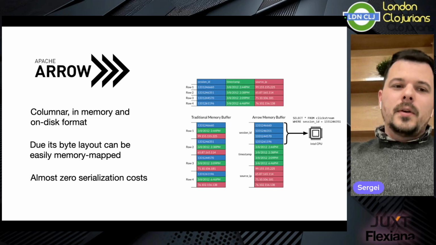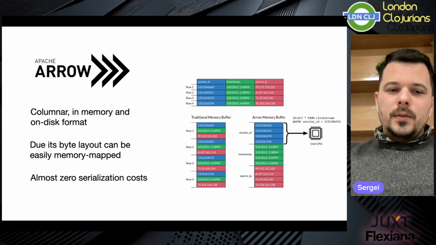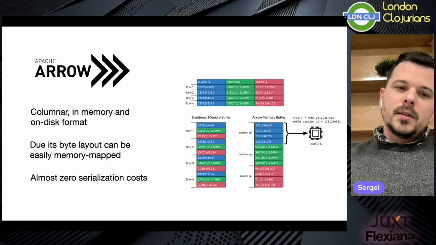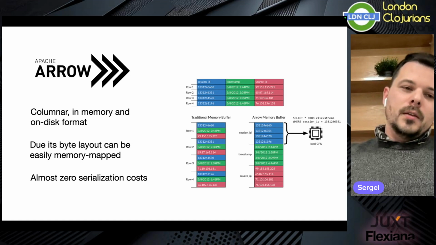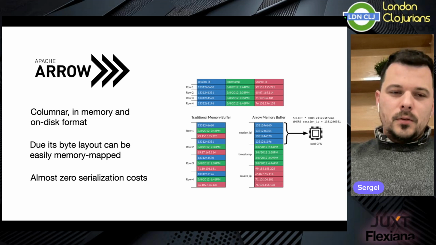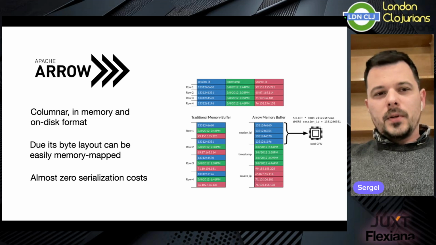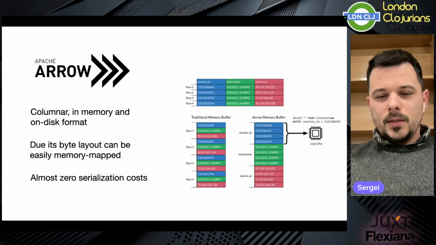That's why it has such tight integration with TechML datasets, because in a TechML dataset you also have all your data stored as columns. So it is quite transparent how to map Arrow to a TechML dataset.